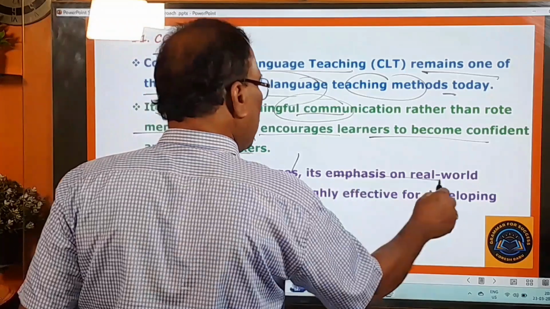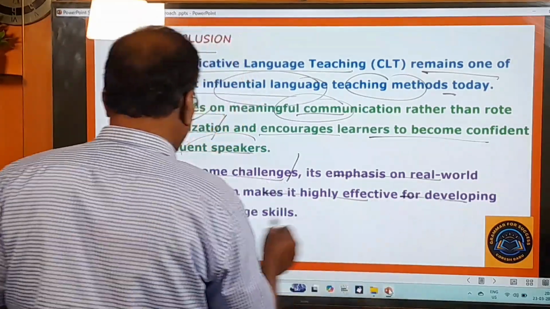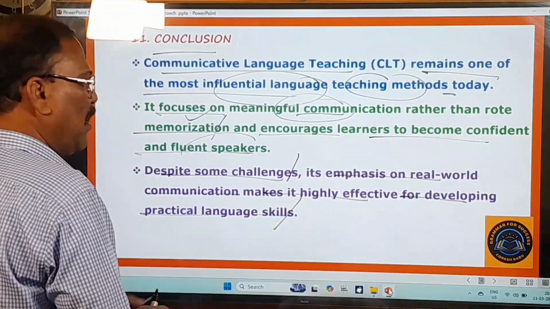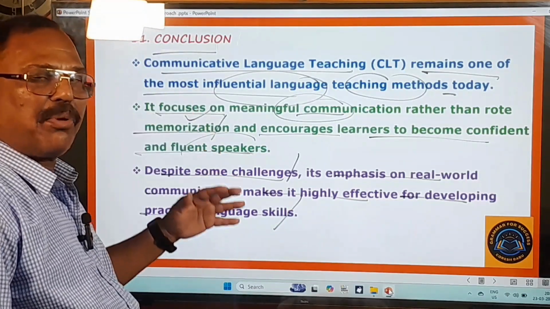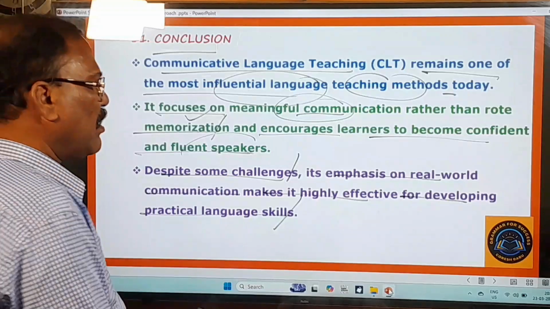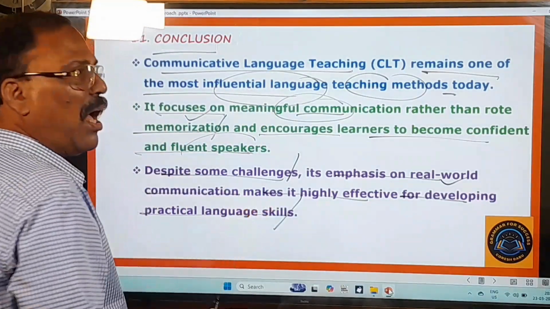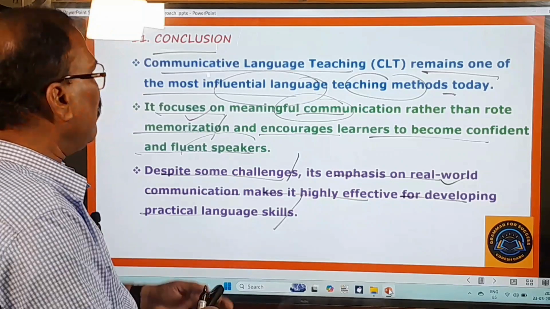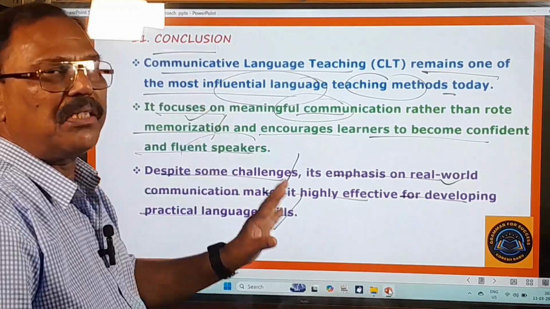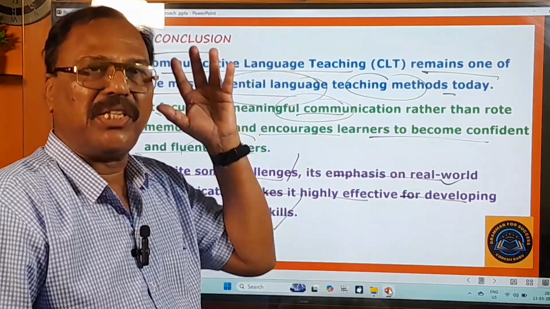Its emphasis on real world communication makes it highly effective for developing practical language skills among the students. So in this way, this CLT approach is really a great, effective and wonderful teaching method.